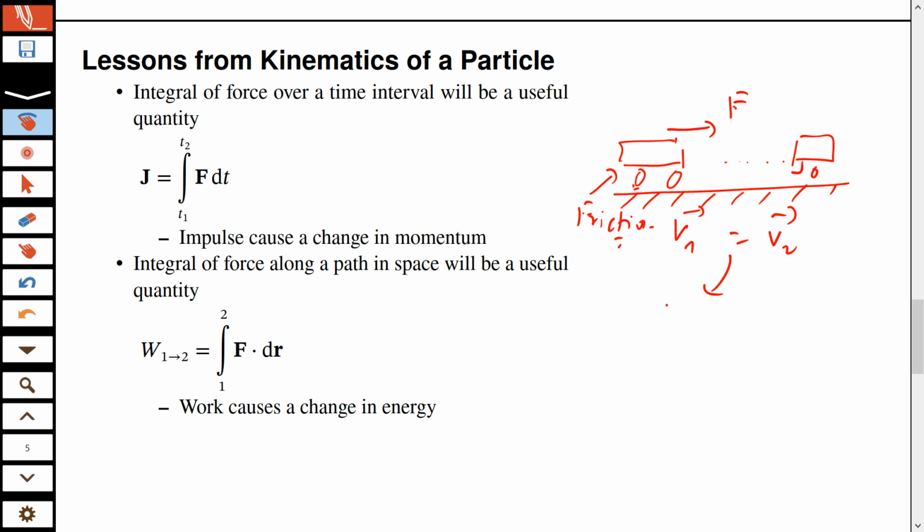In this case the work done will still be expressed by this formula, but this will give me a change of which energy? Tell me. Has the kinetic energy changed here? Yes or no?